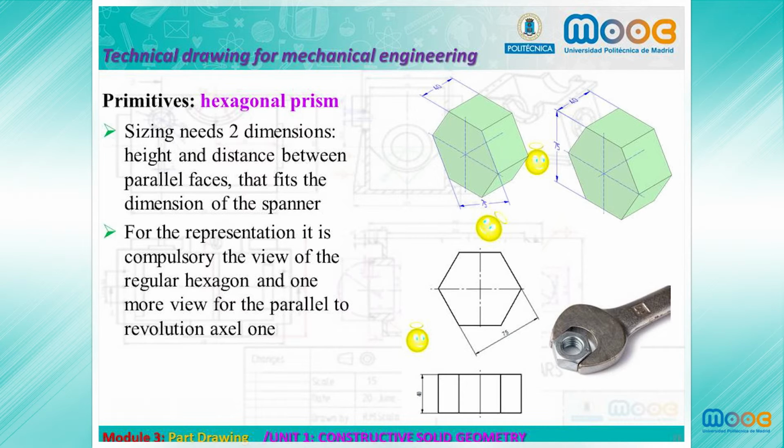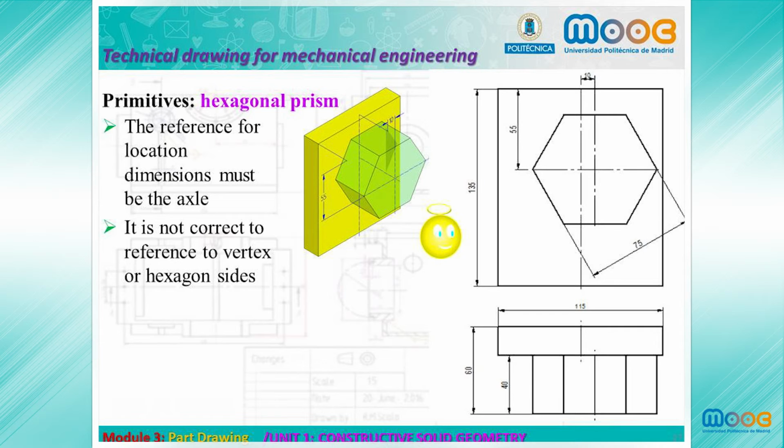For representation, it's obligatory to have the view of the regular hexagon and one more view for the height of the hexagonal prism. The reference for location dimensions must be the axis. It is not correct to reference vertices or hexagonal sides.